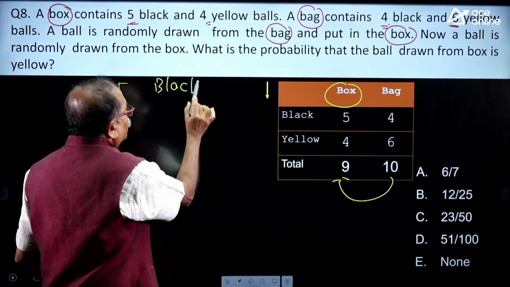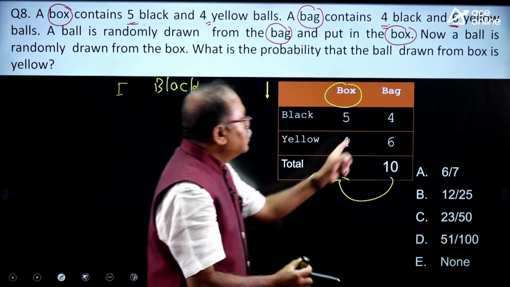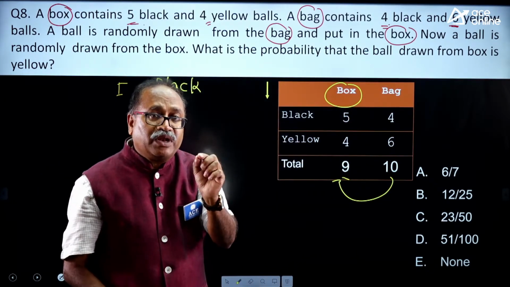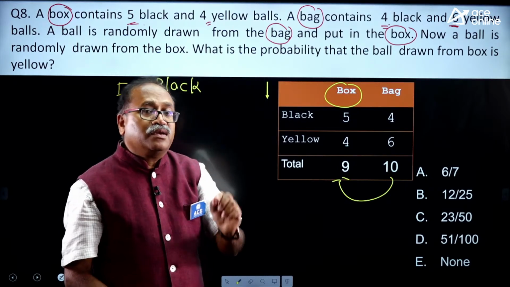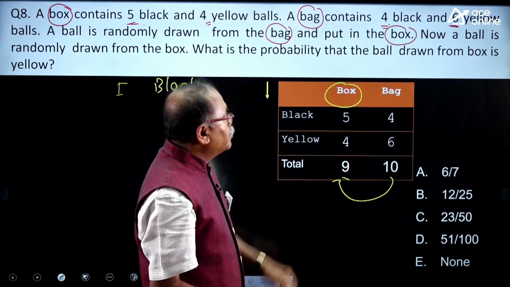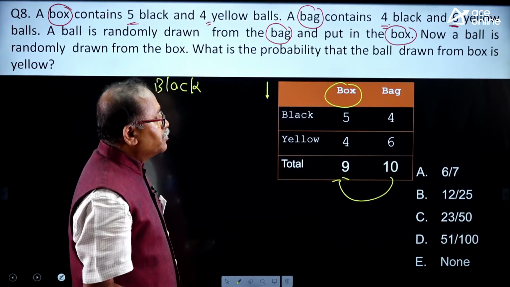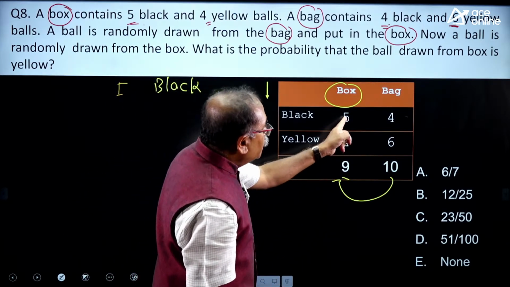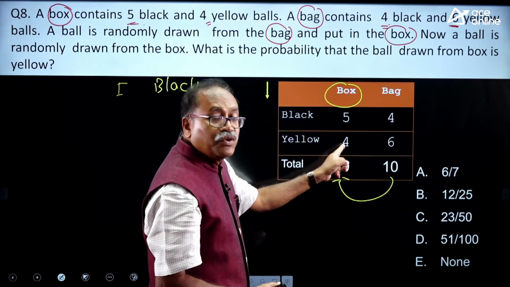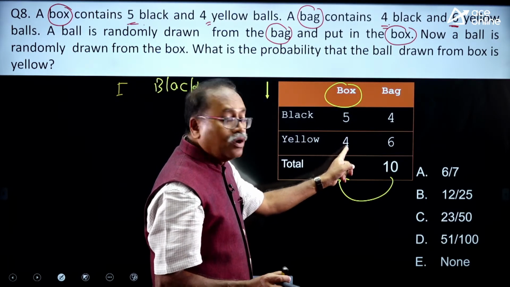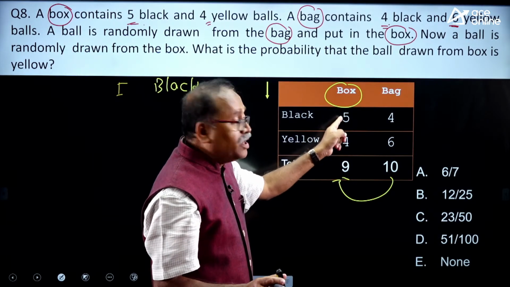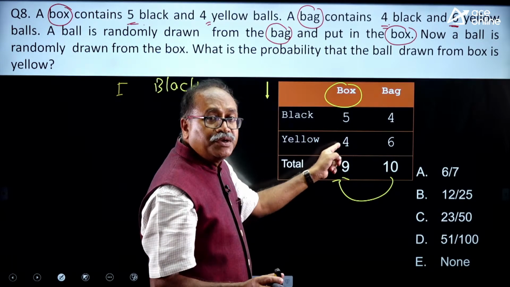What if the ball you take from the bag and place in the box is black? In that case, the yellow probability will be 4 out of, that is 9 plus 1, 10.